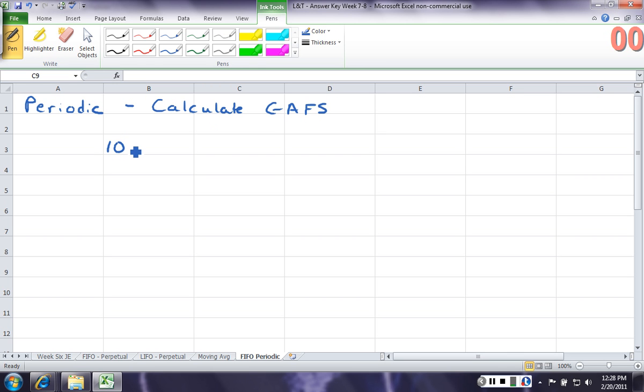So remember, we purchased 10 units at 5, 12 at 6, and 15 at 7. So I purchased a total of 37 units. These units cost me $50, $72, $105. So I purchased a total value of $227.